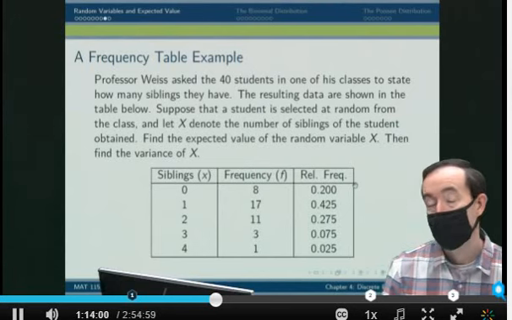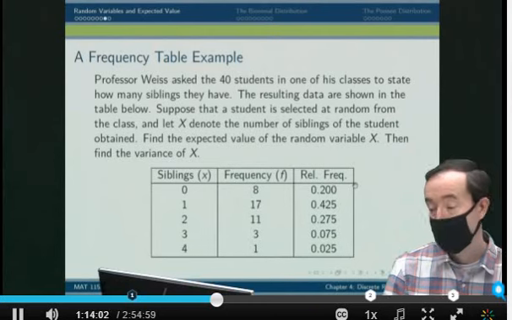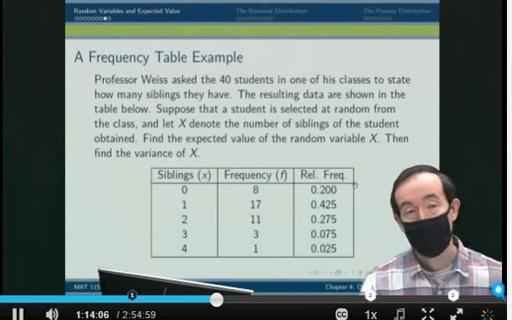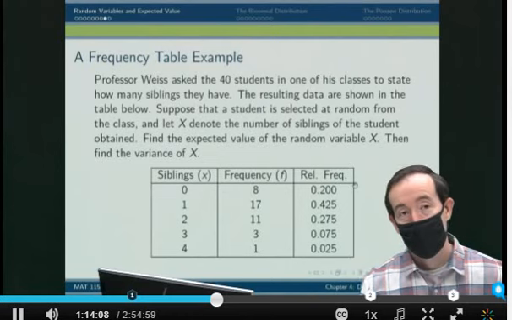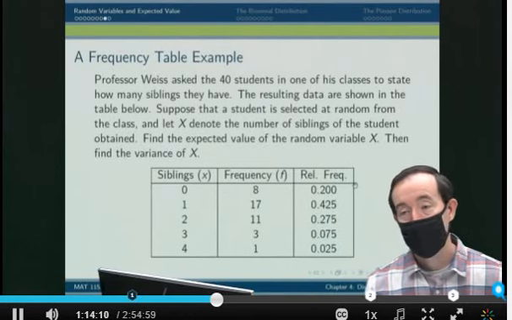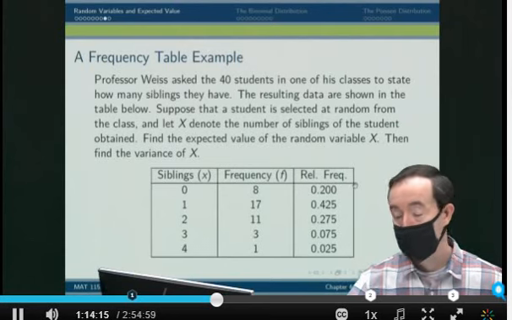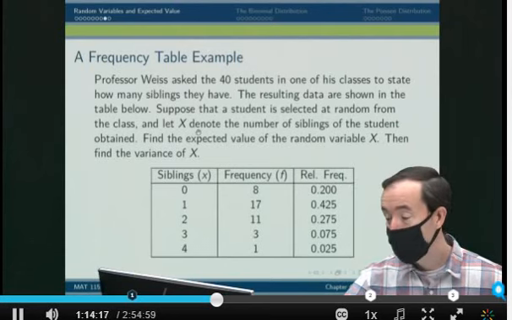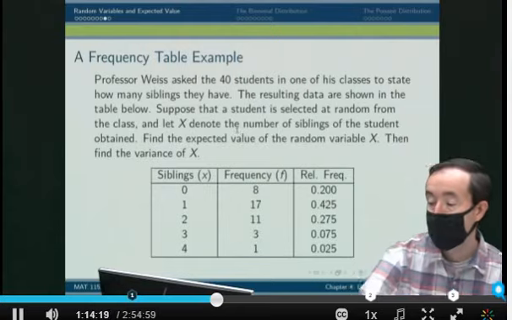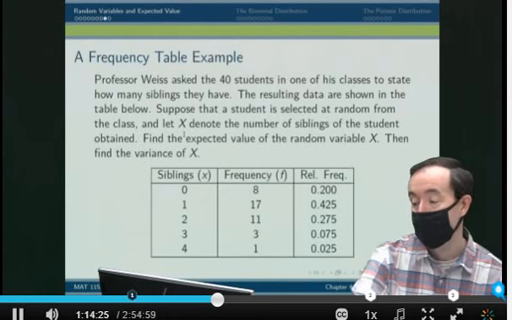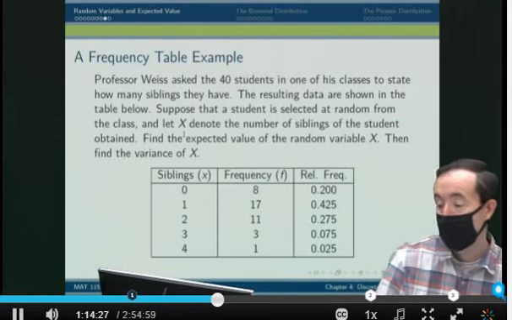And when you looked at the data he got back from that questionnaire, he found the number of siblings was anywhere from 0 to 4 in the list. And he tabulated how often he got 0, 1, 2, 3, or 4 as a response. So we're going to call the number of siblings the student obtained capital X, this random variable X. And we're going to find its expected value and its variance.